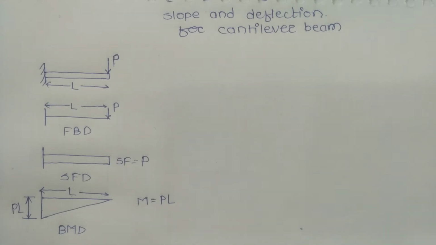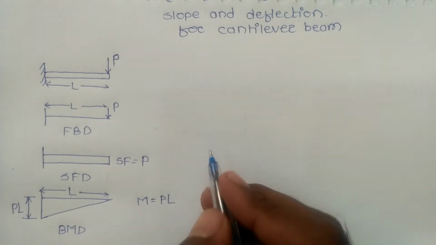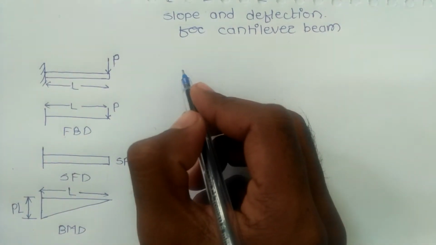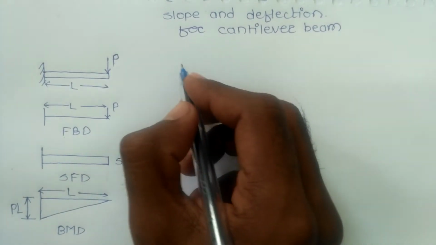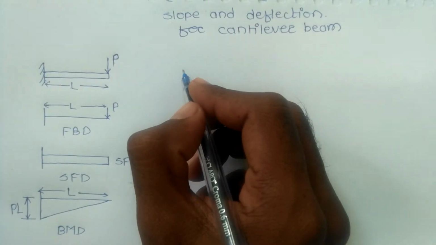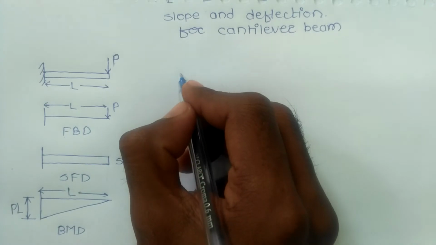To use the area method, the necessary condition is that we must know the shape of the bending moment diagram. So first, we calculate the slope for the cantilever beam.